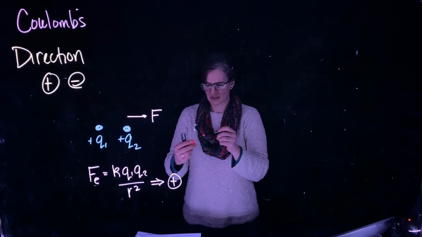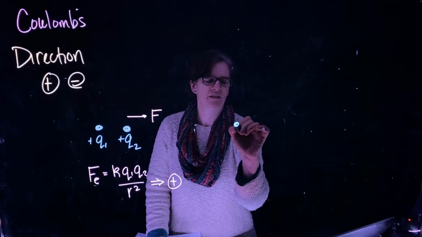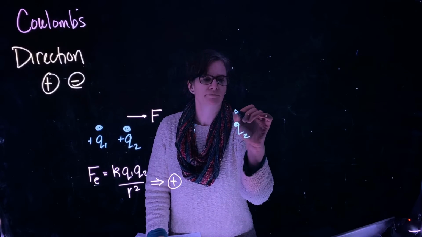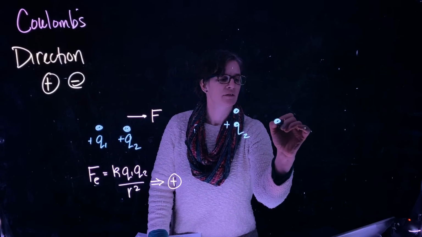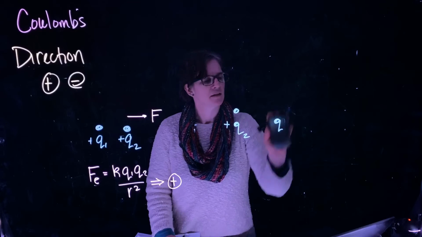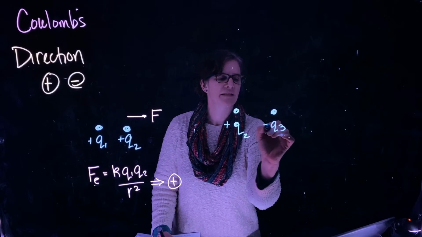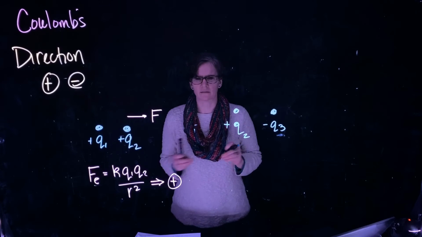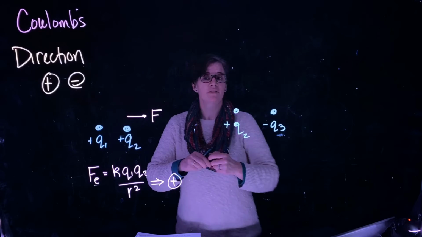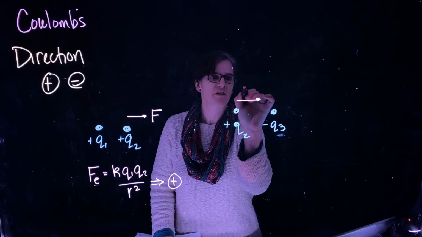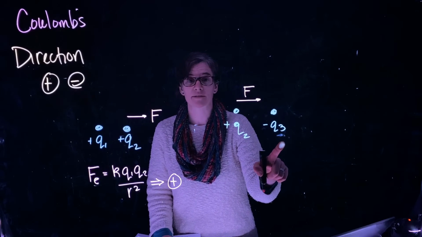Okay. What if I have a different scenario? What if instead I have Q2, same Q2, and it's positive. And I have Q3, and it's negative. Now these two are in close proximity to one another. Well, Q2 is going to feel a force, and it's going to feel a force in this direction. It's going to be attracted to Q3 because they're opposite charges.